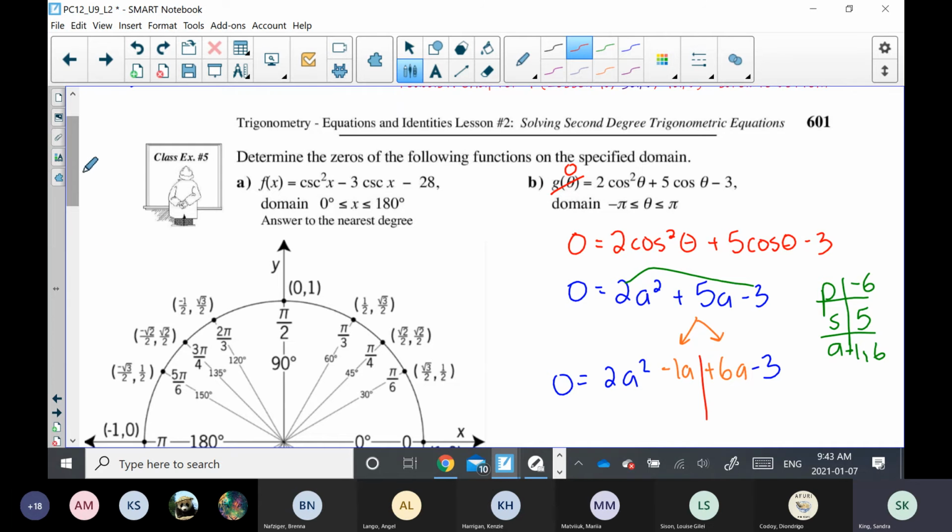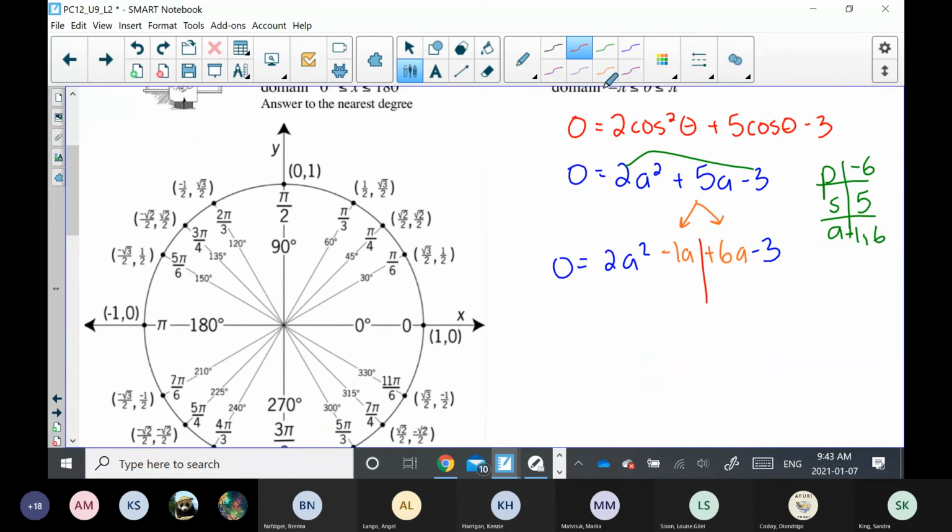Split this in half and group factor. From a squared and an a, you could take out an a. Between a 2 and a 1, it's only a 1, so I'm just going to write an a here. That would give us 2a minus 1.